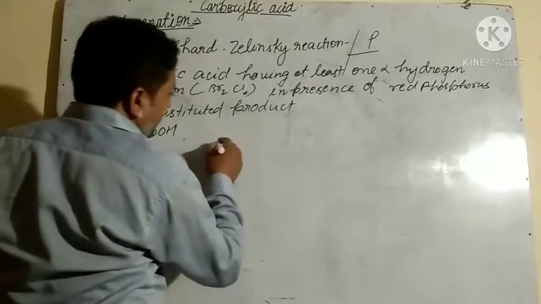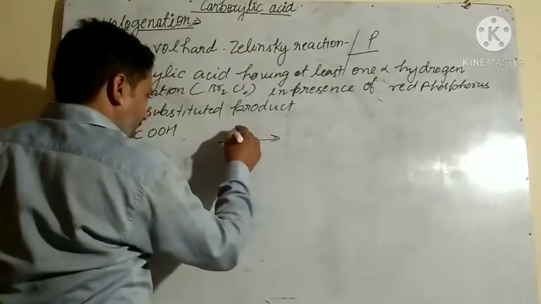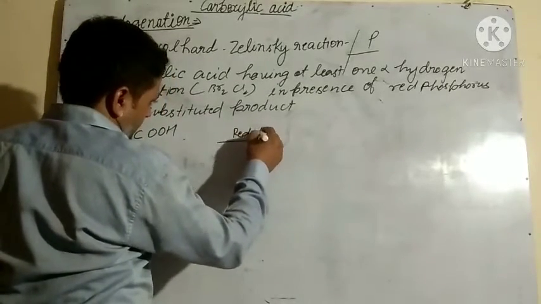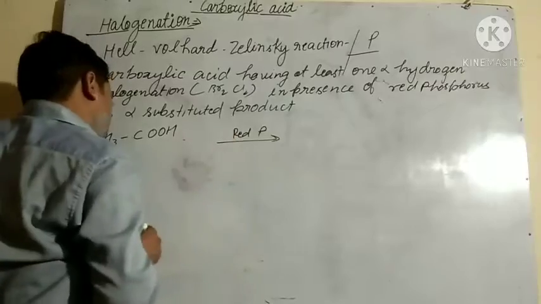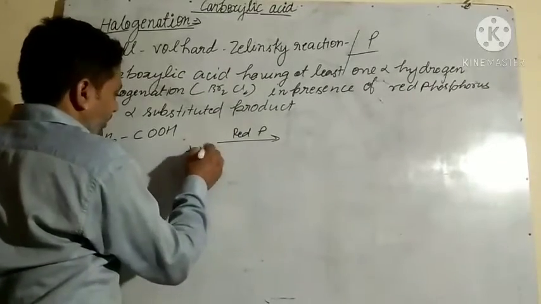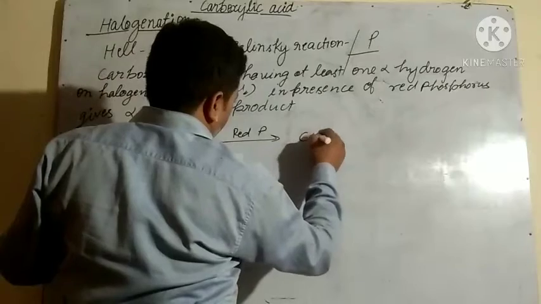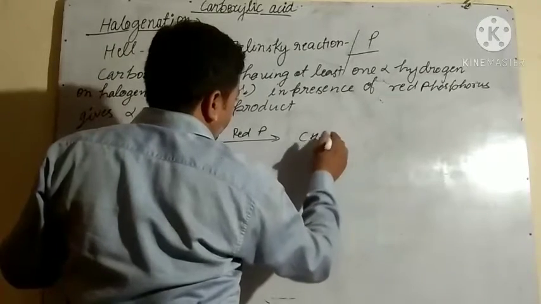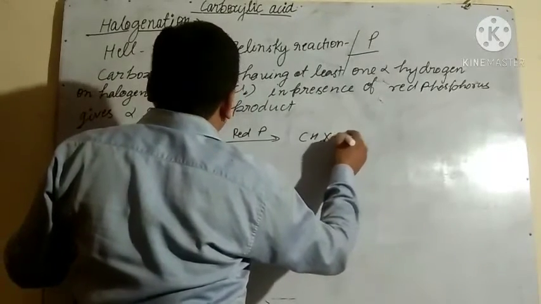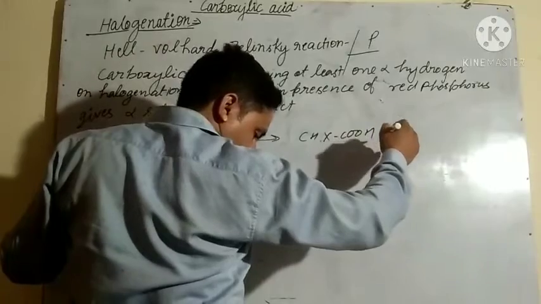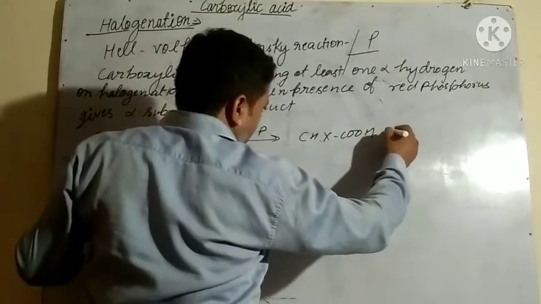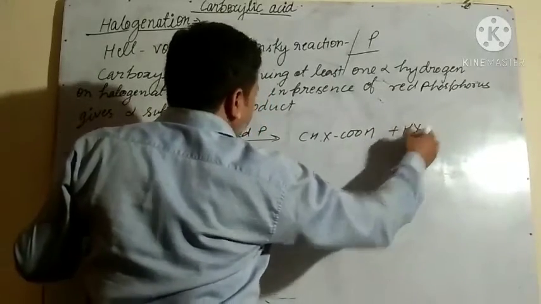In presence of red phosphorus as catalyst, and the halogen we can write as X2, it will give CH2XCOOH plus HX.